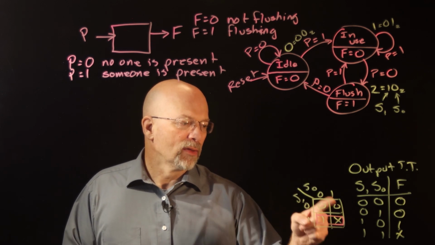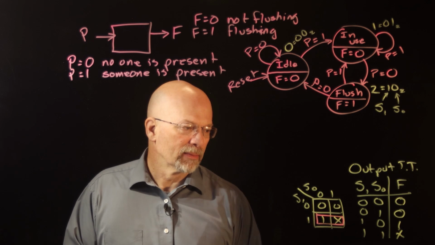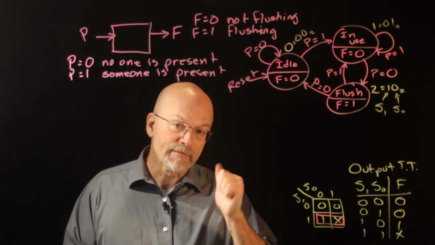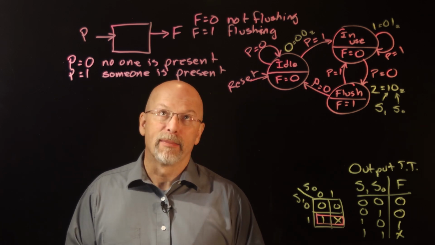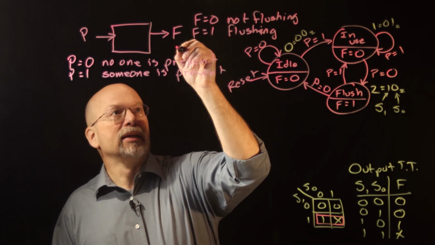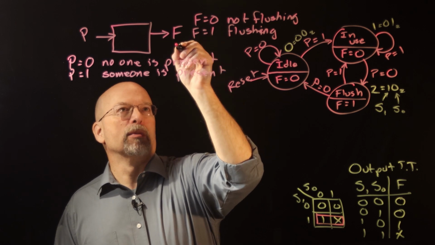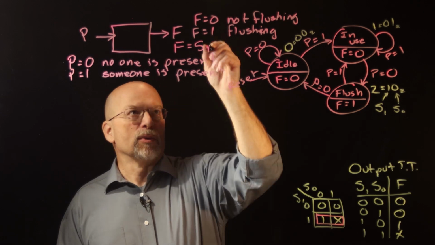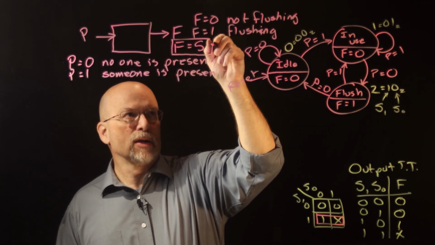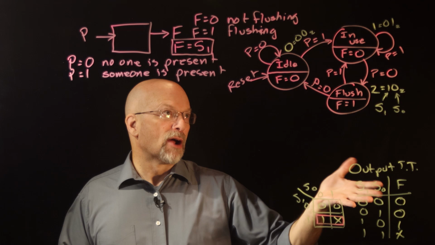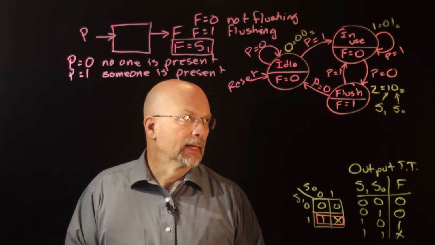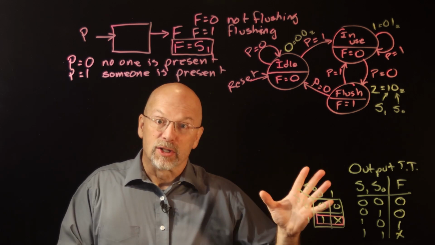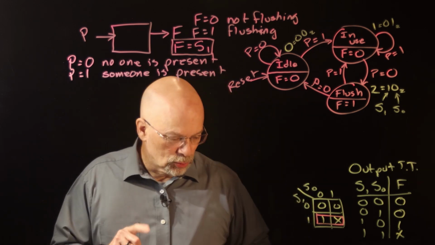It turns out this Karnaugh map says that as long as F follows S1, we're going to have a successful output. So F is equal to S1. This expression right here is our output circuit for this state machine. All right. Let's clear some space and make the next state truth table.